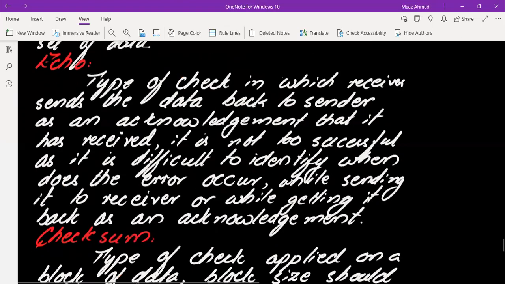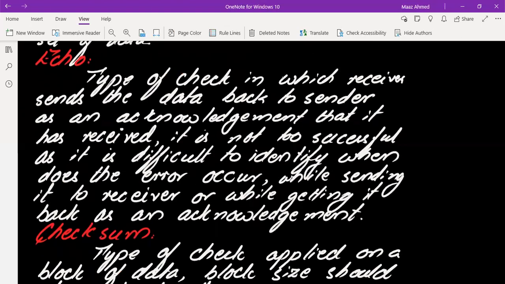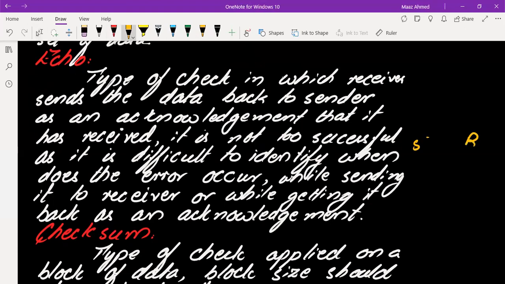Echo check. Now, what does it mean? Like when it comes to the echo, in the real world, echo means that you are going to listen to the same thing that you have said. Is it so? Yes. Similarly, in the echo check, the same thing is going to happen. Whatever data I'm sending from the sender to the receiver, the similar set of the data will be reverted back from the receiver to the sender.